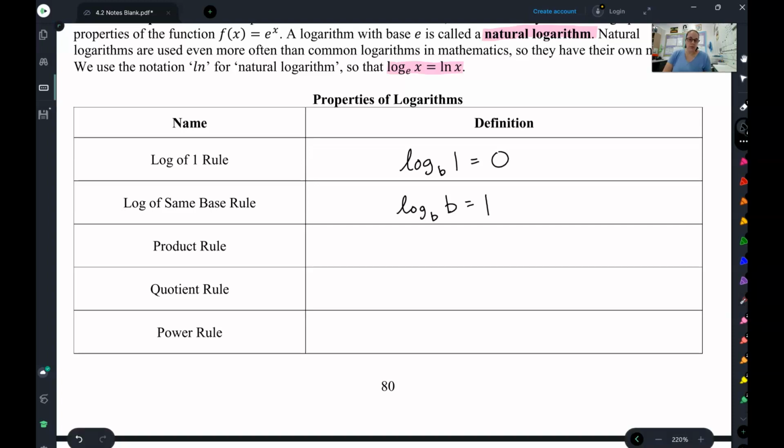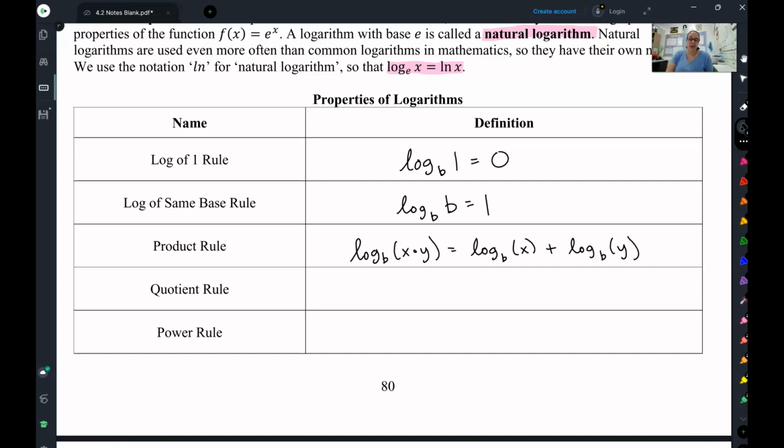The next three rules we'll be using a lot today, so pay attention to these ones. We have the product rule, which says if I have a logarithm of any base of x times y, that's going to turn into the logarithm of x plus the log of y.